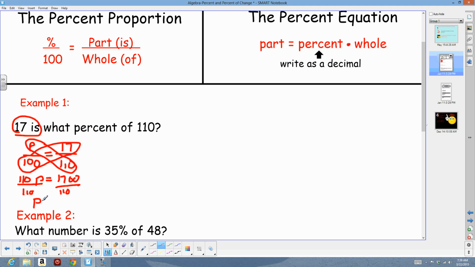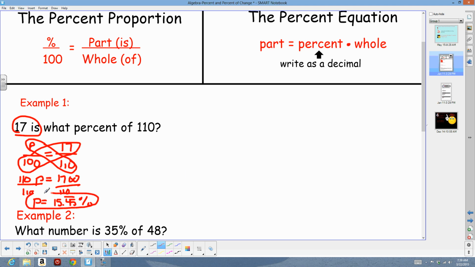P equals 15.45, and the 45 is repeating, percent. Or if you wanted it to the nearest tenth, it would be 15.5, or 15.5%.